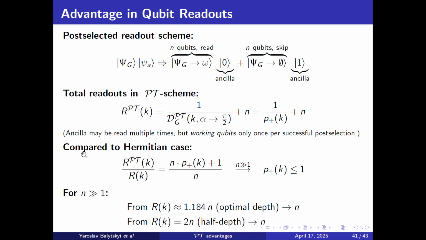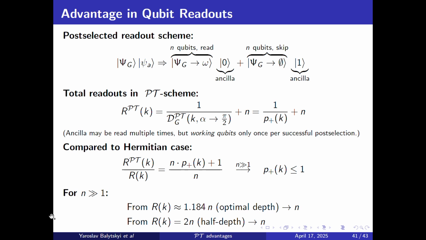And essentially, if you compare it to the Hermitian case, in the Hermitian case, you would need to read all n qubits one over this. And essentially, in comparison to the Hermitian case, in the limit of many qubits, this is always less than one.